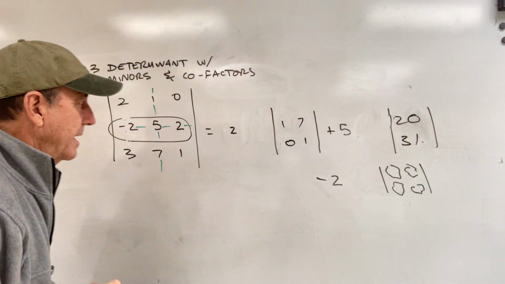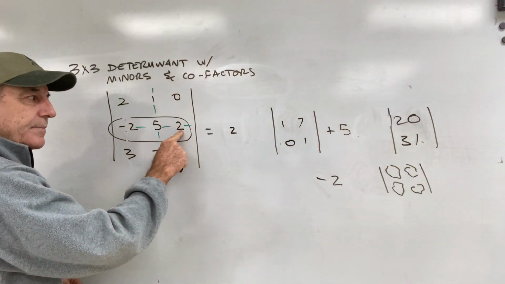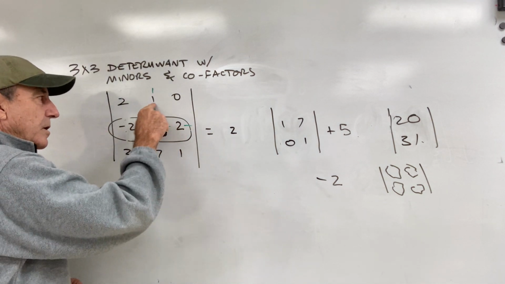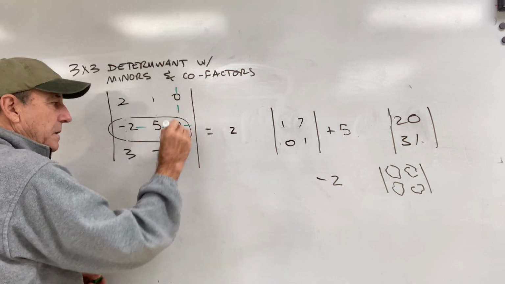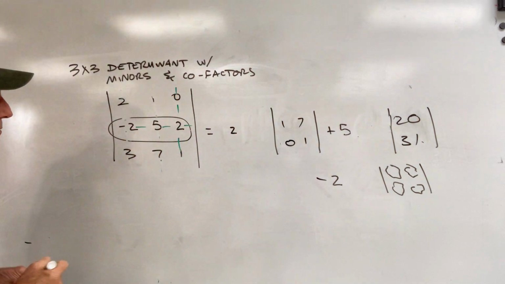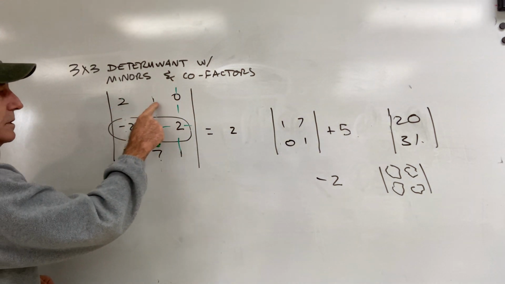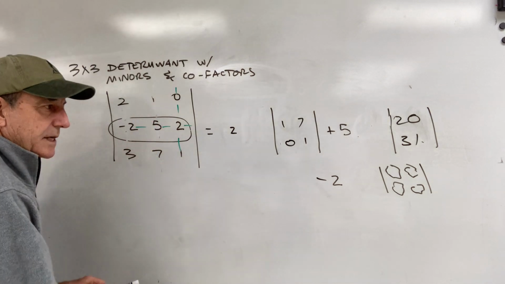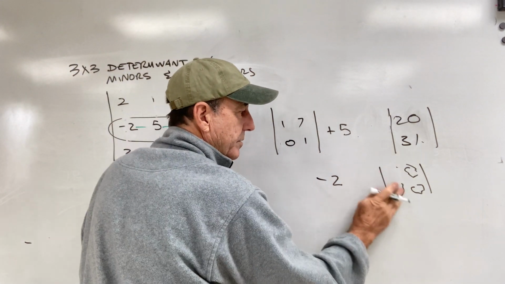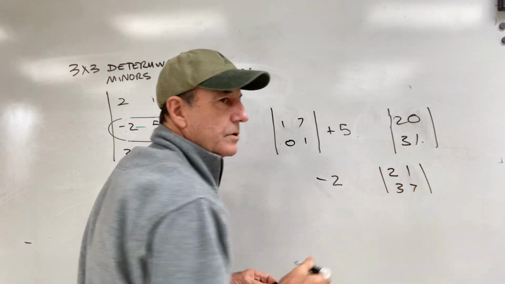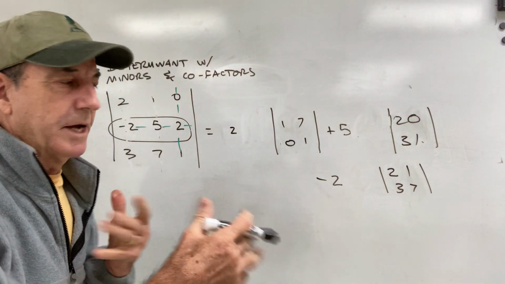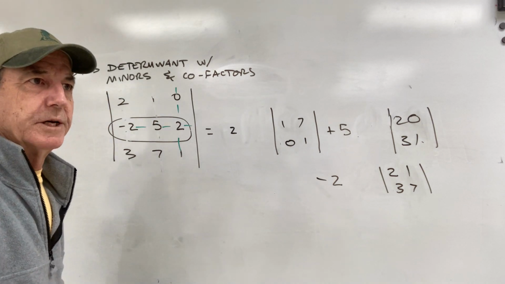And for the last one, that was coming from this number, right? We're going to mark off this row and the third column. And we get 2, 1, 3, 7, and that's what goes in this slot. So it takes a little bit of figuring out to set up the expansion, but once you've done that, that's pretty straightforward.